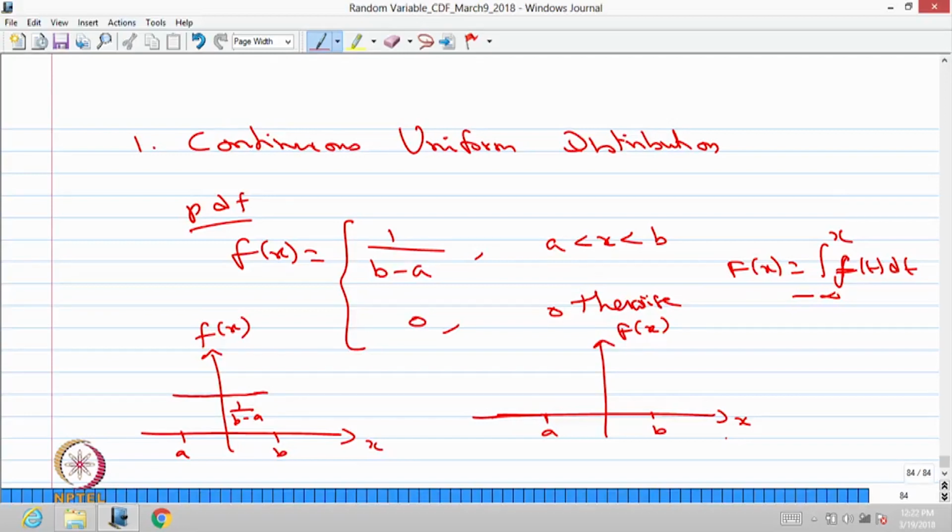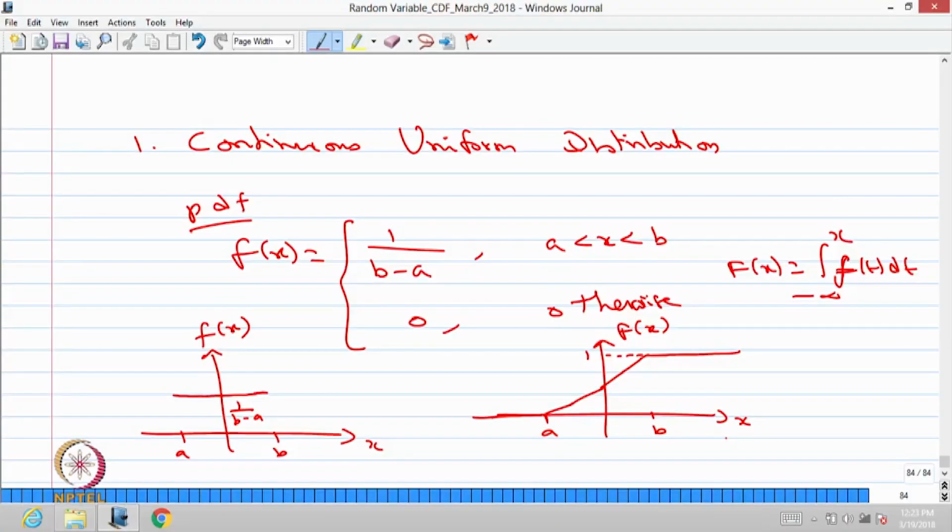Whereas from a to b, you have to integrate from a to x, 1 divided by b minus a dt. So, if you integrate, you will get a slanting line till b. At the point b, it becomes 1. So, this type of random variable is called a continuous uniform distribution.